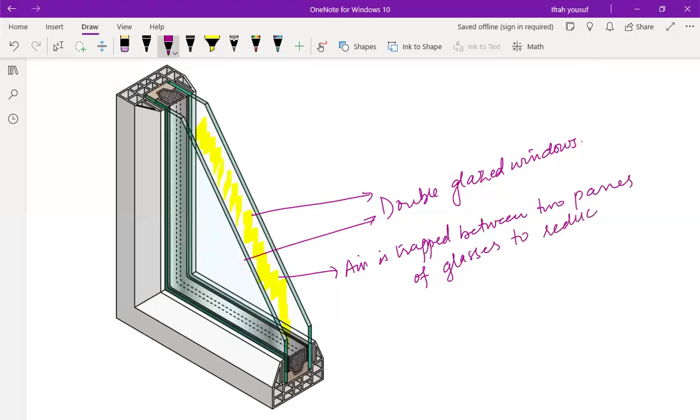To reduce the thermal energy through the windows. Clear?